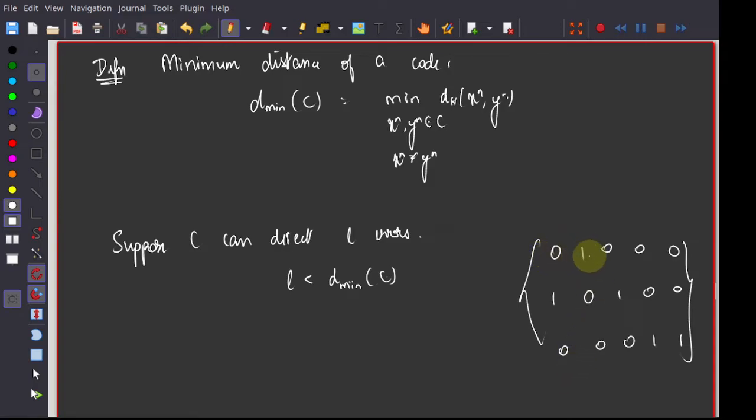The distance between the first and the third? 3. Yes, fine. So now the minimum distance is 3. Correct. Can this code detect 2 errors? It can. Can it detect 3 errors?